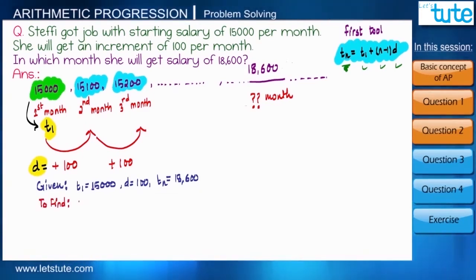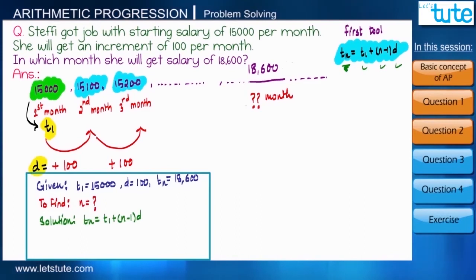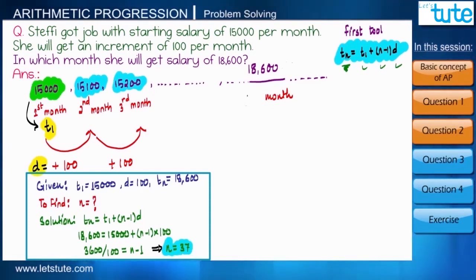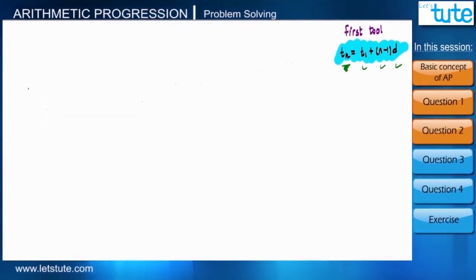So we have to find N. By substituting values we will get N equals 37. That means she will get 18,600 in the 37th month. So now we have understood what N and Tn are in any given situation. Let us move to the next situation.